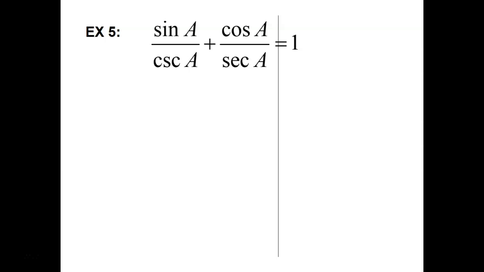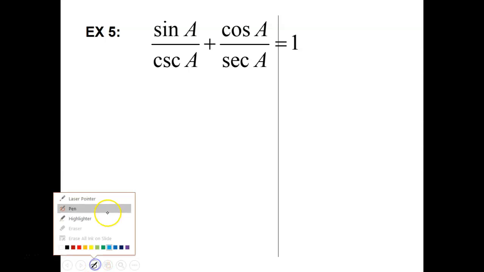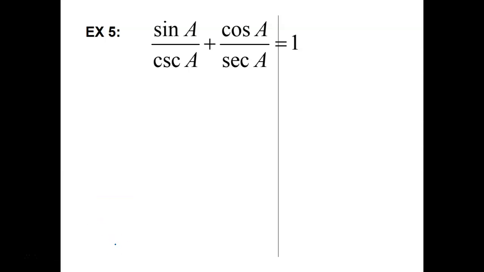Sine A over cosecant A plus cosine A over secant A equals 1. Now, if I had to pick a favorite strategy, I would probably say it's changing everything to sine and cosine. I find that to be one that we use more often than the others. So I'm going to do that here.